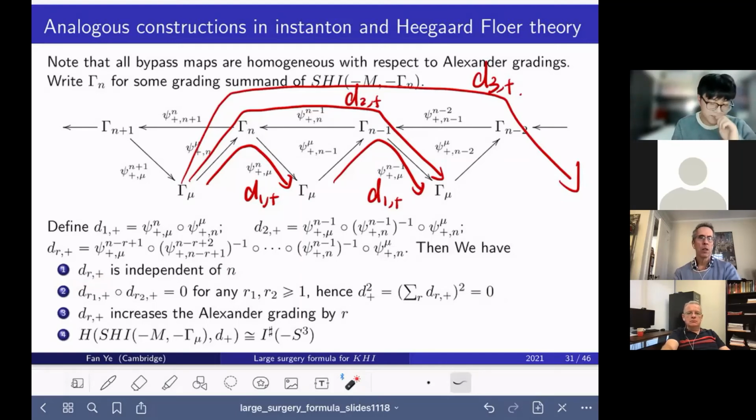And the third thing is we can calculate the grading shift of Alexander grading for each Dr plus, and it turns out that Dr plus increases the Alexander grading by r. And finally, we need to show that the homology of this chain complex is isomorphic to I sharp of the ambient Riemannian manifold.